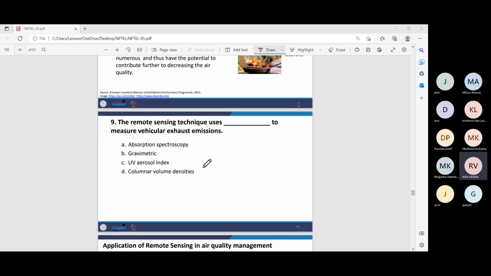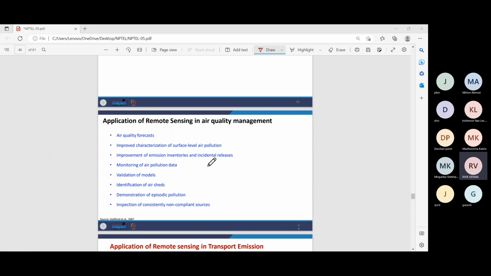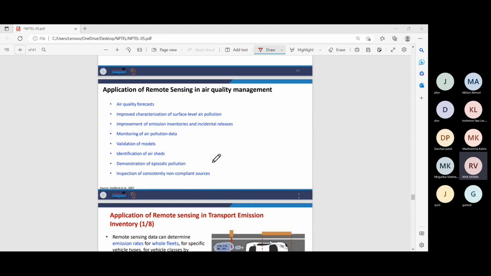Okay, let us see. What is this remote sensing technique in air quality management, and what are its applications? In air quality management, the remote sensing technique is used for these purposes.